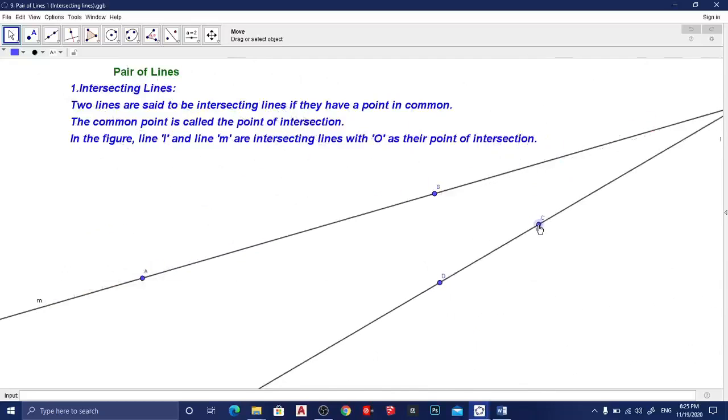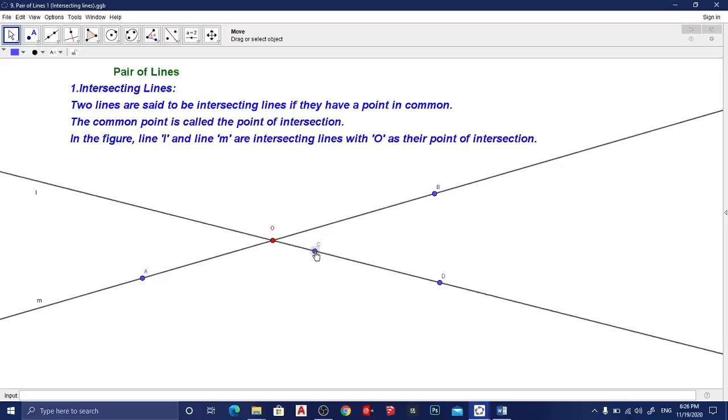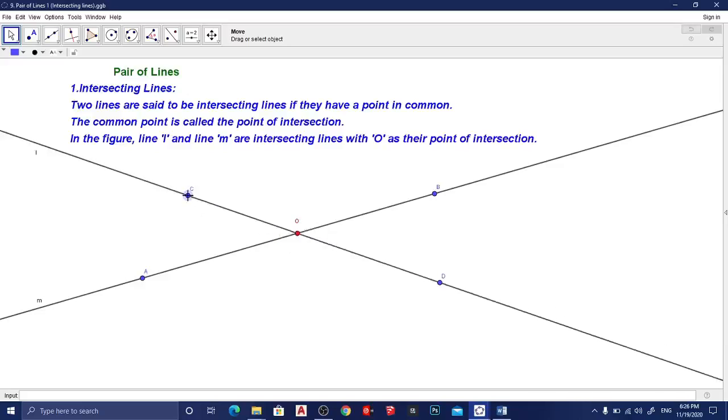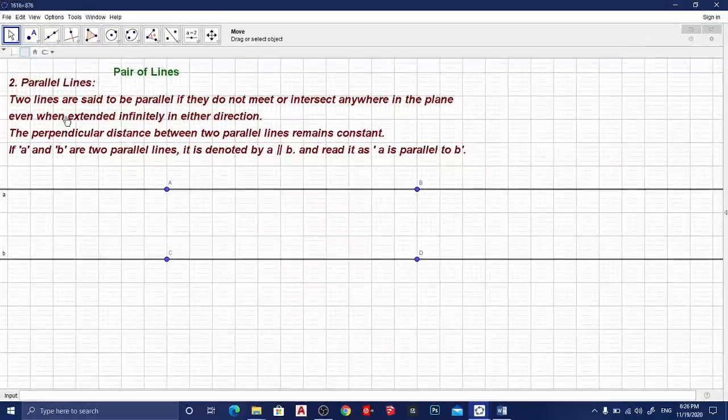See the red point, it is moving. That's why these two lines are called intersecting lines, and this red color point, which is common to both the lines, is called the point of intersection.